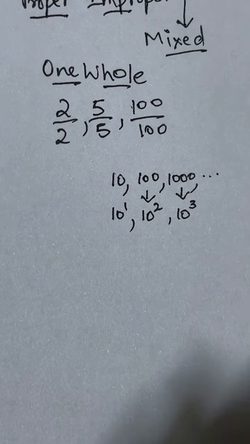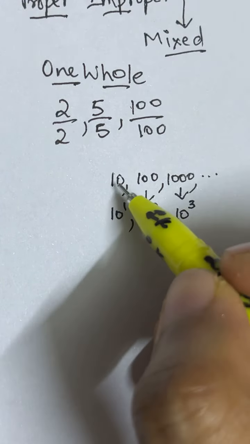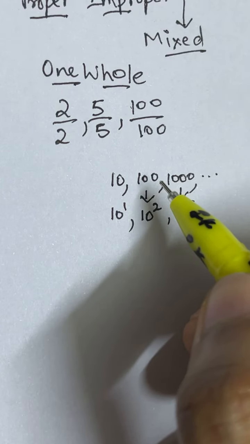So whenever you have fractions whose denominators are multiples of 10, you can easily convert them into decimals.